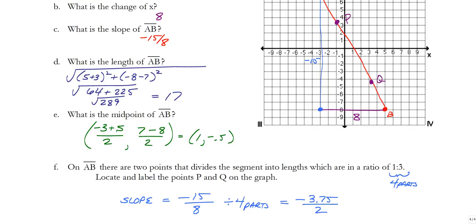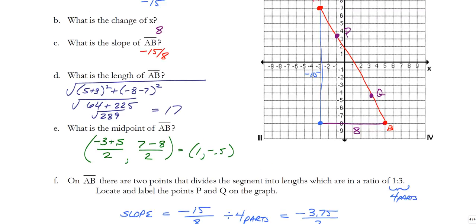So if you know there's a total of 4 parts, you take your non-reduced slope and divide it by the 4 parts. That means each is a negative 3.75 over 2. See, I wanted it to work out a little bit nasty, so you had a different way to do it, but it would work for an easy problem as well.